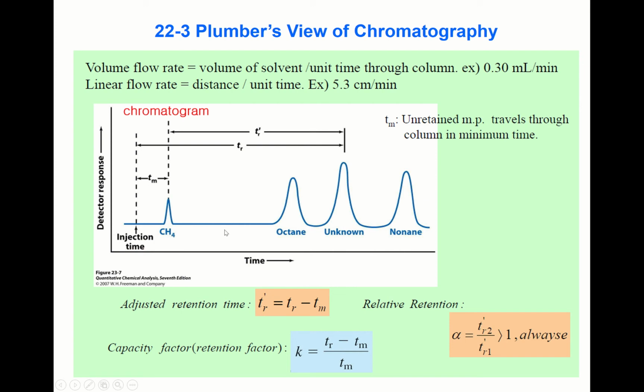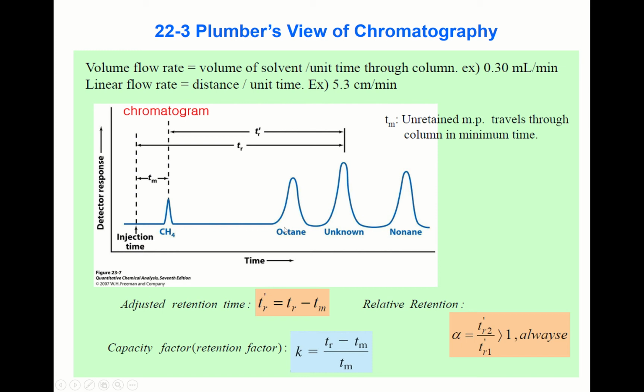Various detectors are used, as you'll see soon. Here you inject your sample, your mixture sample, into the column, and since the column has a length, your analytes, several analytes in your sample, move through the column.